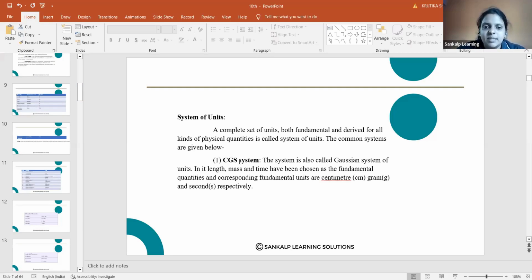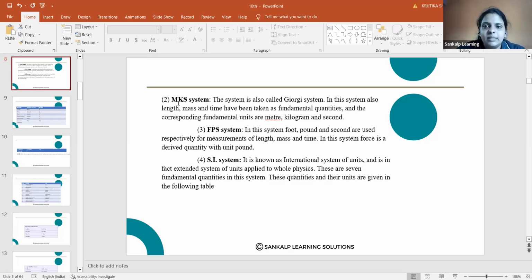Mass is expressed in grams, length in centimeters, and time in seconds. The second is the MKS system, in which mass, length and time are measured in kg, meter and second. In the FPS system, mass, length and time are measured in pound, foot and second.